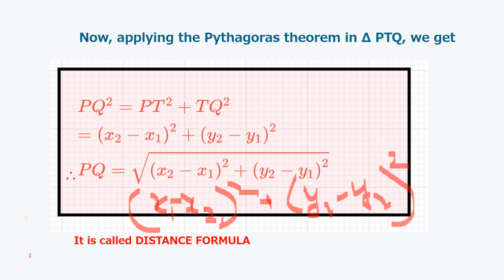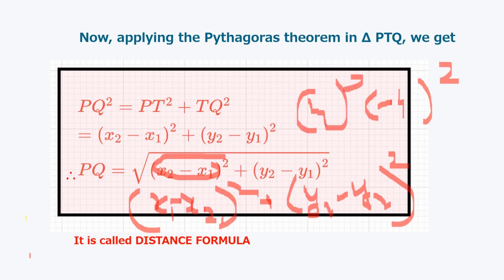Suppose x2 minus x1 gives you 4, and x1 minus x2 is minus 4. But what will be the ultimate answer? Both will give the same answer, 16, because minus 4 will become positive after getting squared. So that is why we can interchange these coordinates.